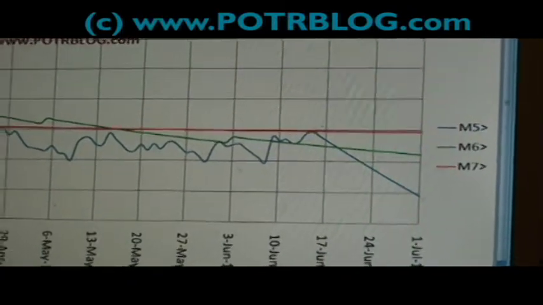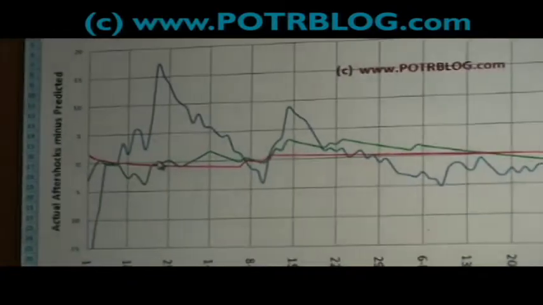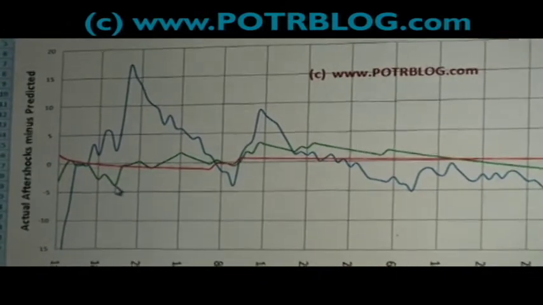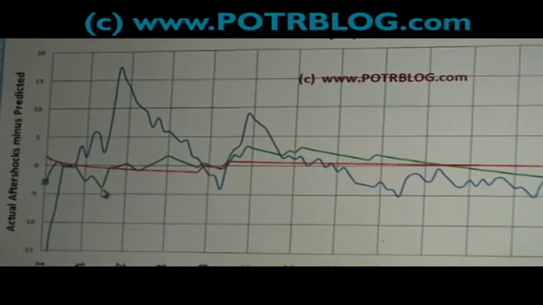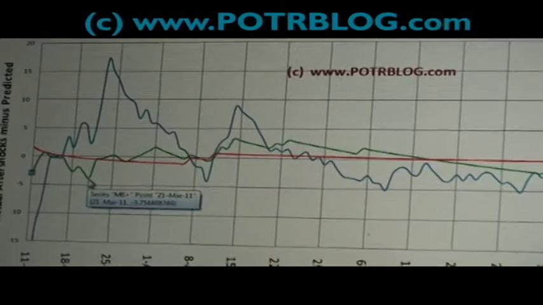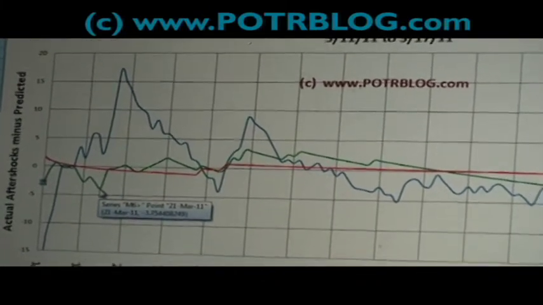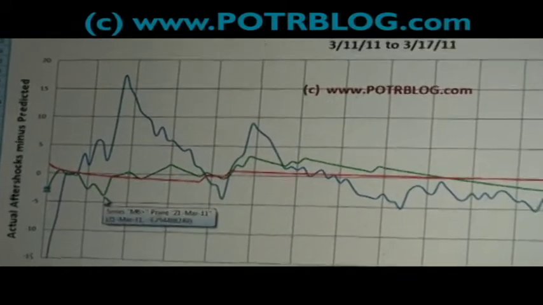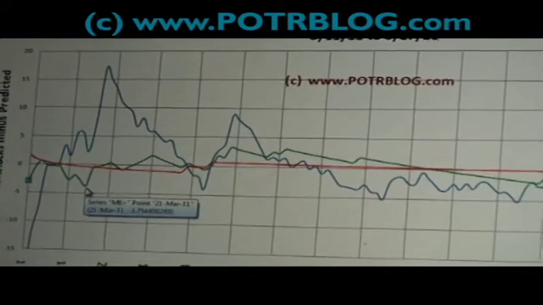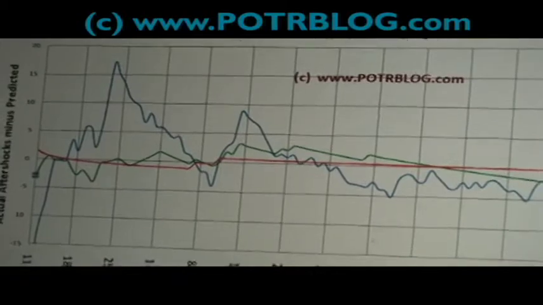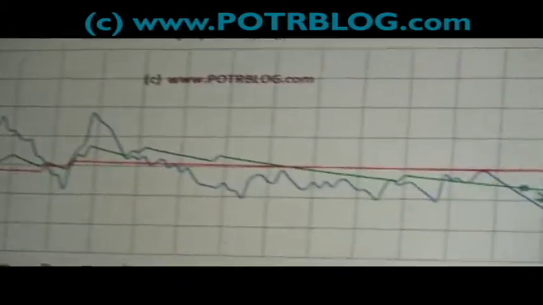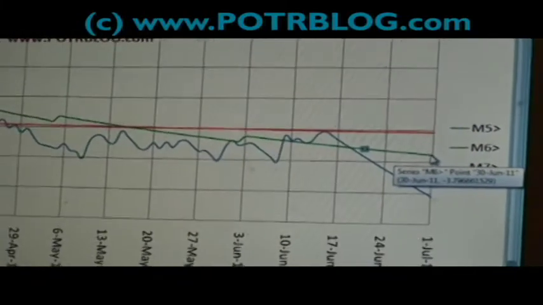Now if you look at the history of these magnitude 6 quakes, what you'll see is we're never down more than, in this chart, 3.75. So we've never had a deficit of more than 3.75 magnitude 6 earthquakes before we had a set of them. So if we take that out, that came out to be about July 1st.